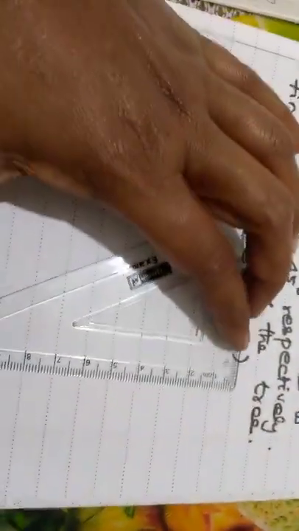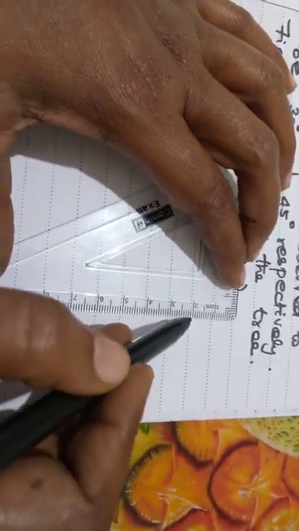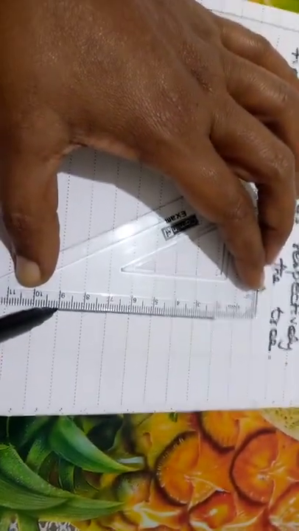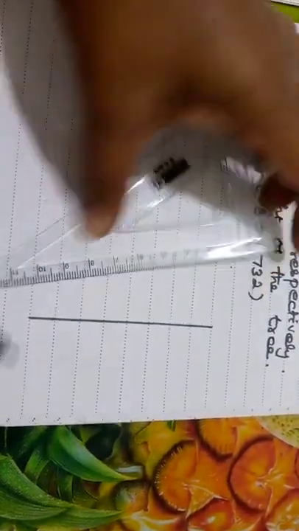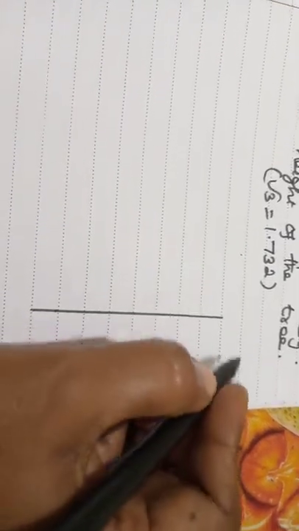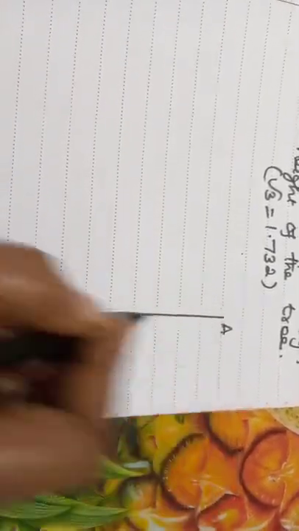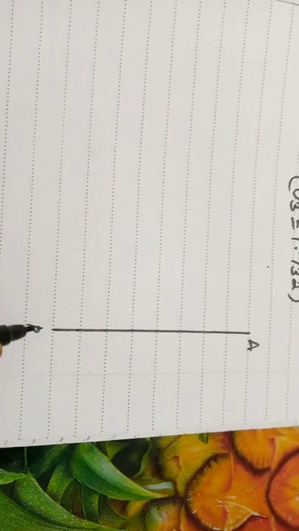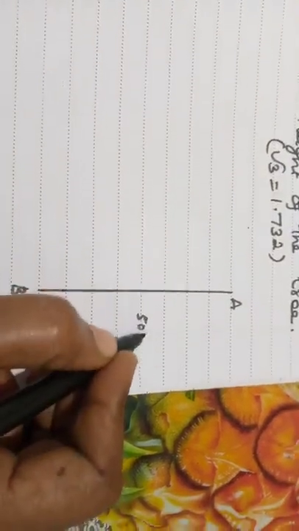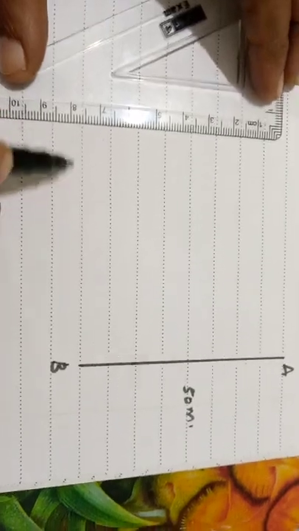Let's draw the 50 meter tower. This side, let's take the tower of 50 meter height. Let's name it AB, 50 meter height. This side, let's take, there is a tree.